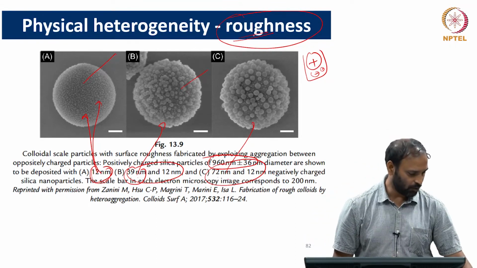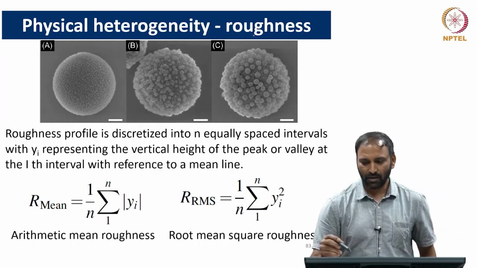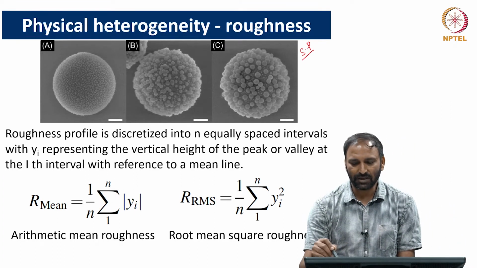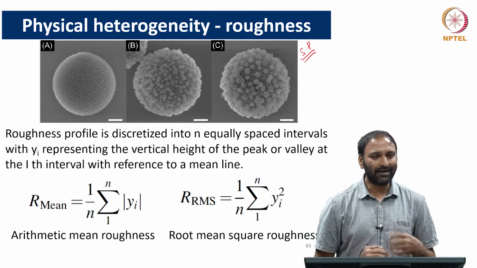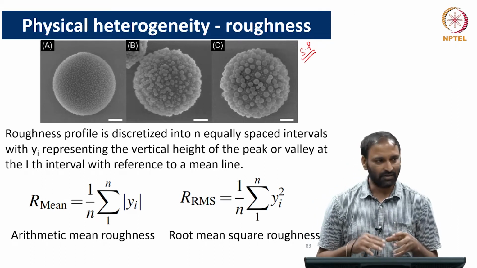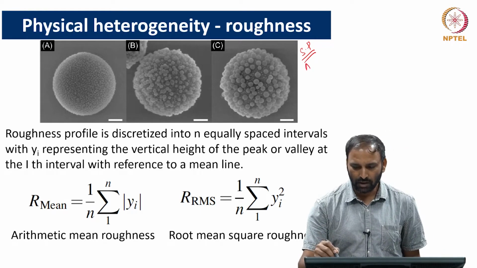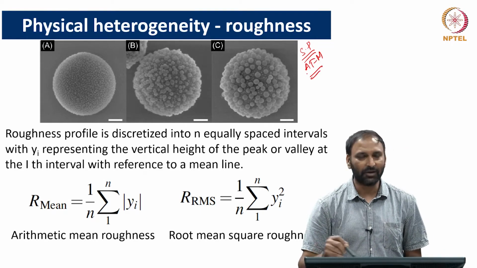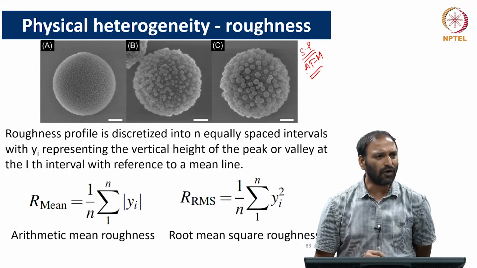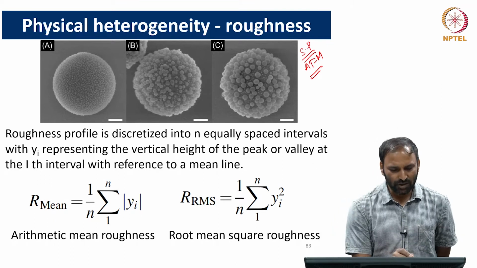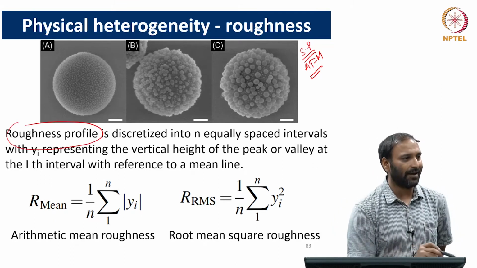So, what people typically do is use techniques such as surface profilometry, which is an interference based technique for measuring the heterogeneity of the surface, or people can use AFM, atomic force microscopy, or any other technique, and then what you get is what is called a roughness profile.